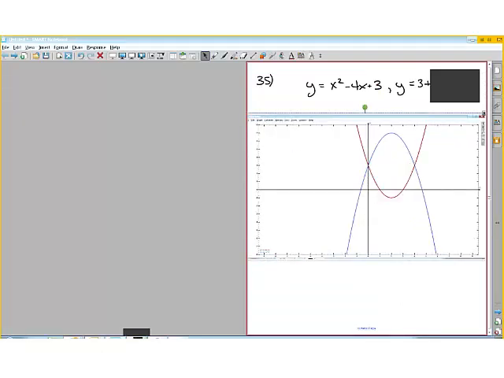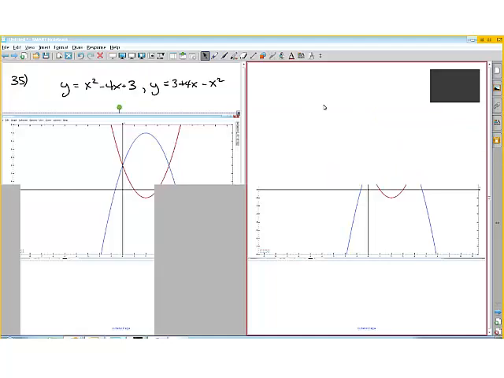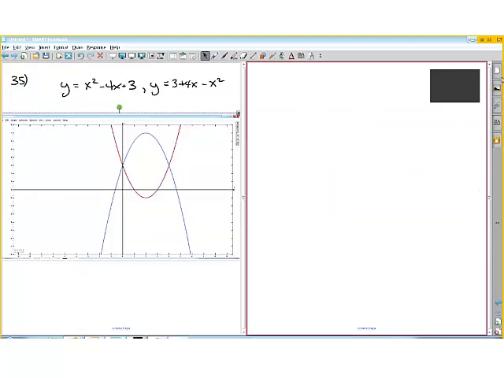So we're going to find the area between those two curves. Okay, first thing we were going to do was to find the intersection. So what we do is we set them equal to each other. x squared minus 4x plus 3 is equal to 3 plus 4x minus x squared. So if we want to move everything over to the other side and get 0 on the right hand side, we're going to add x squared, so we get 2x squared.